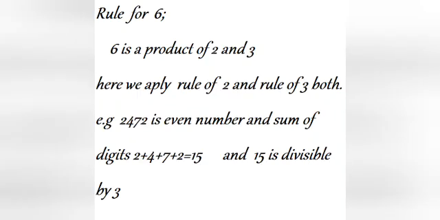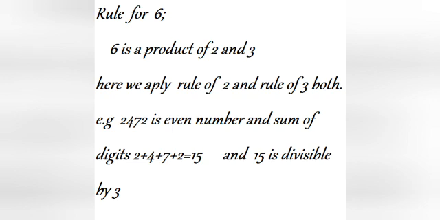Rule for 6. 6 is a product of 2 and 3. Here we apply the rule of 2 and the rule of 3 both. The rule of 2 is that the number should be even, and the rule of 3 is that the sum of digits should be divisible by 3.